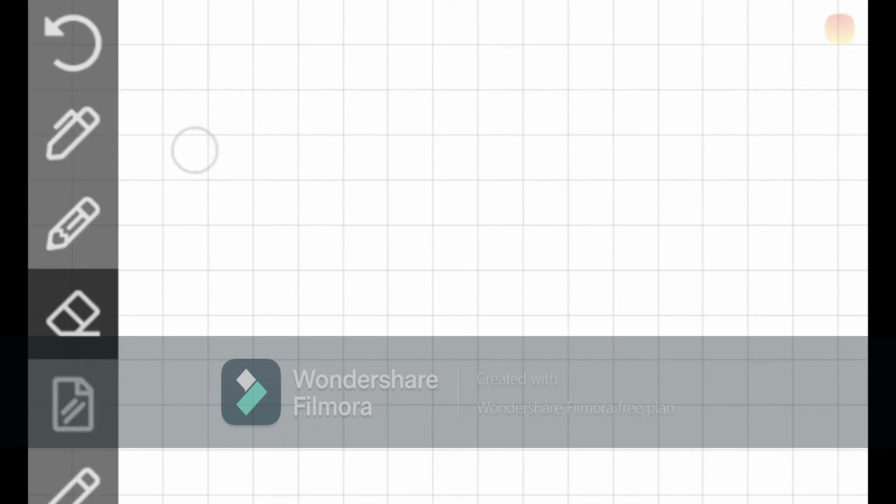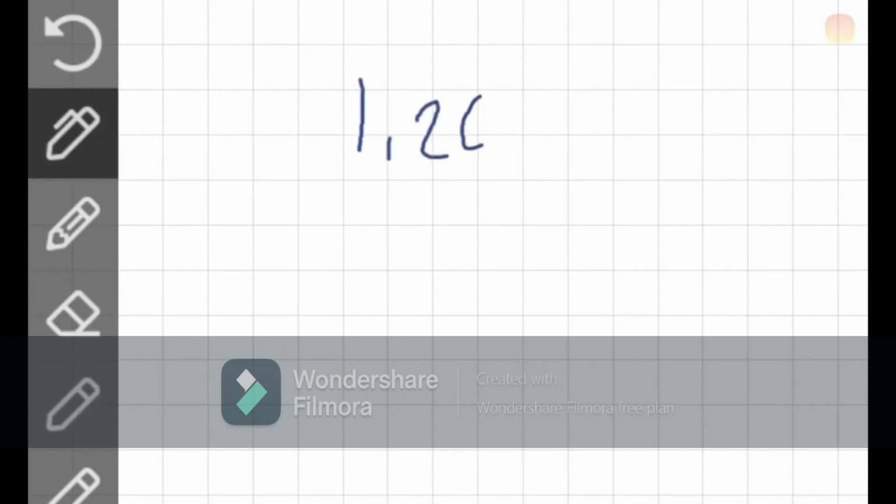So let's try something bigger. How about 1,205? Well, obviously we need to write first the symbol for 1,000. So what's the symbol for 1,000? First, you draw a figure, something like a circle. Then draw a vertical line at the topmost and at the end part.